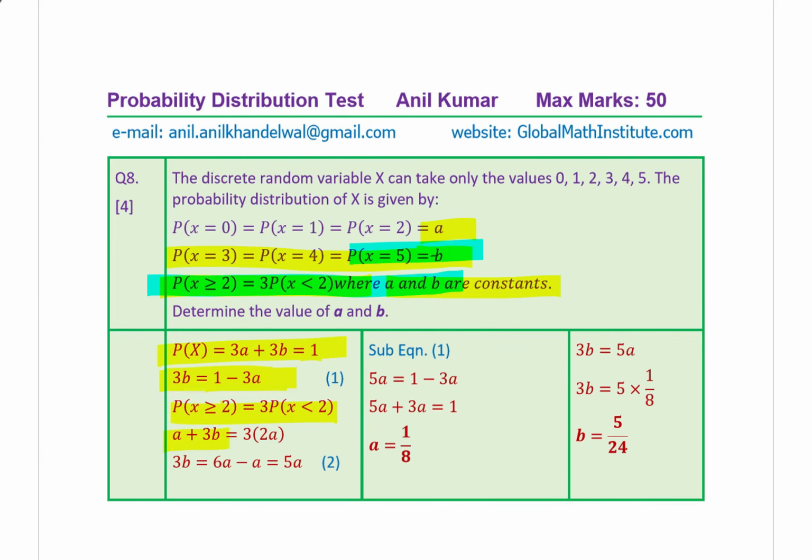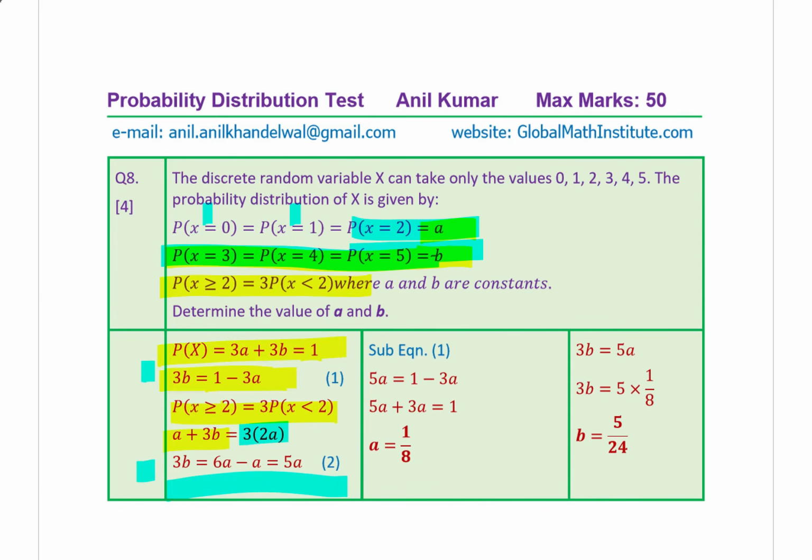Right. So we get this combination, and what I mean to say is we are adding these, right? Yes, a plus 3b. Now that should be equal to 3 times 2a, right? These two, 3 times. And so you get the second equation right there. Now we have two equations. We have two parameters to figure out, a and b.